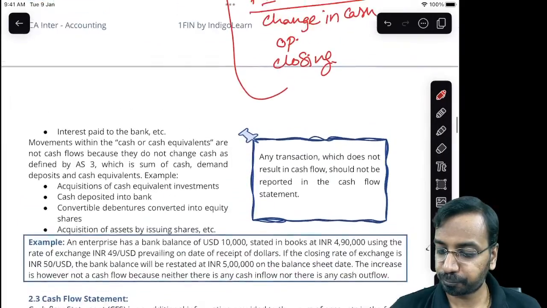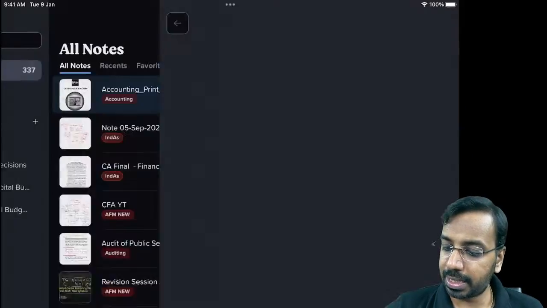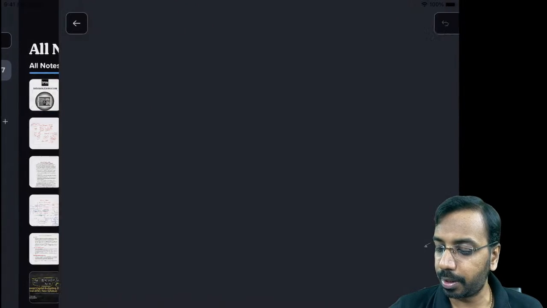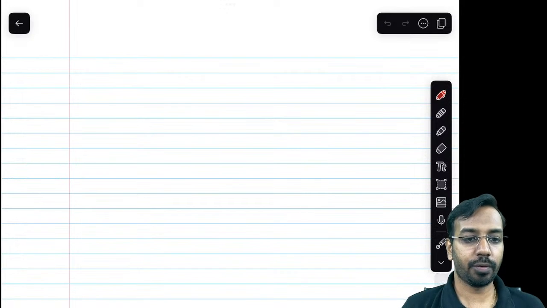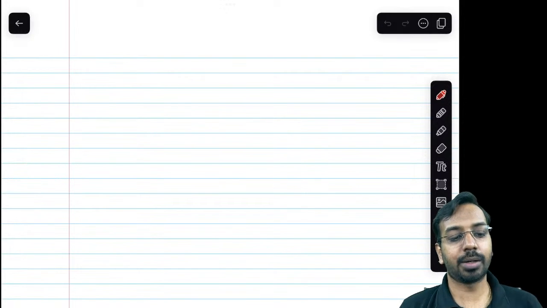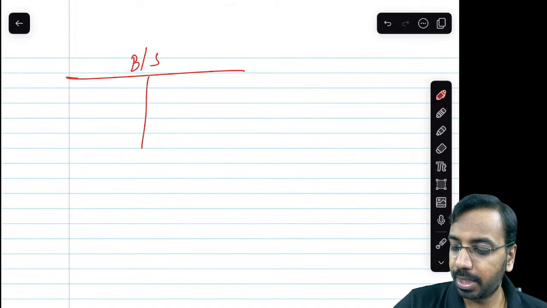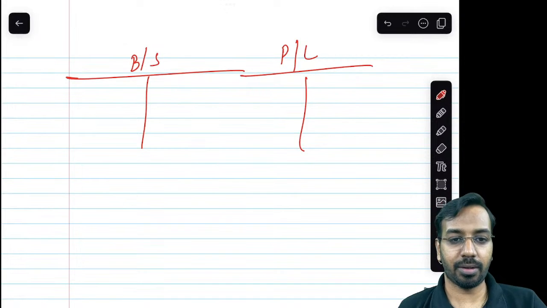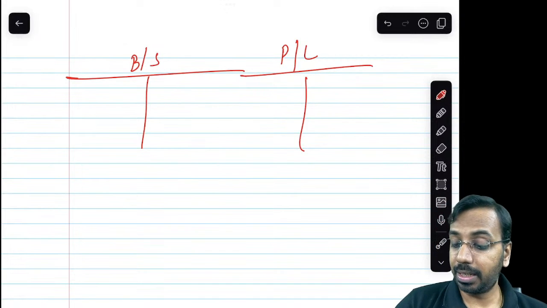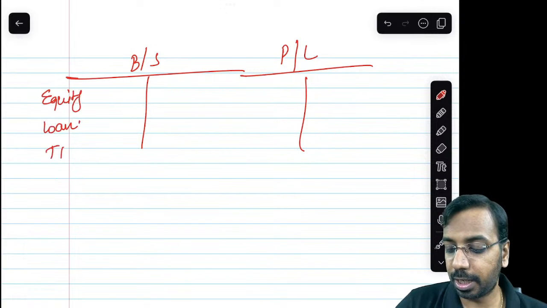Now how do we classify the items in the cash flow statement? For that, I'll prepare a simple structure for you to remember. If you take the balance sheet and the P&L: in the balance sheet you have equity, you have loan, and let us say you have trade payable.